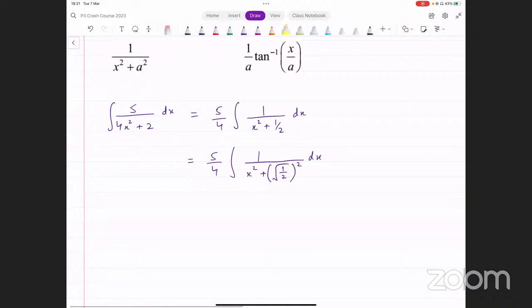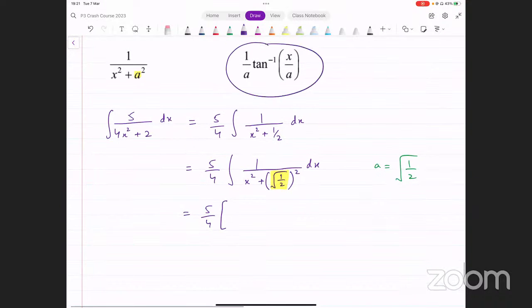Compare with the form that's given there. What do we have in place of a? In place of a, we have square root of 1 over 2. We just have to replace a with square root of 1 over 2. Outside we have 5 over 4. That remains as it is.